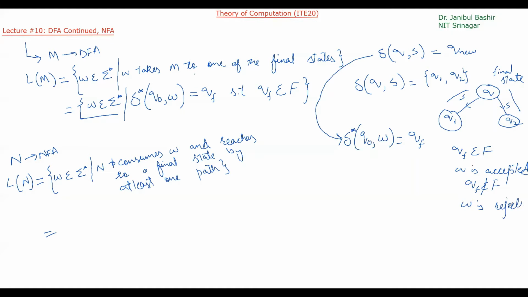So this is in case of DFA. In case of NFA, we have the extended transition function. If we start from the start state and consume this string W, then we will have multiple states, or multiple choices. Let's suppose Q1, Q2. So we may be in either Q1 state or Q2 state.